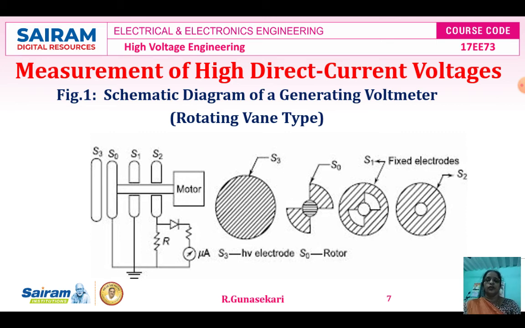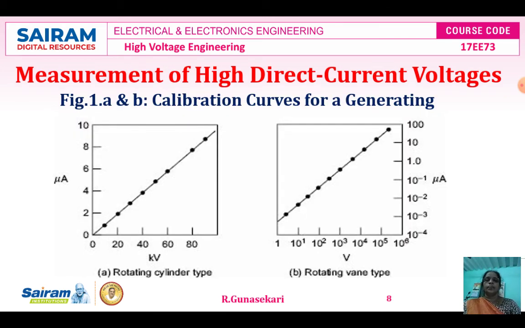S3 is the high voltage electrode, and then the synchronous motor is used to drive the generating voltmeter, and then a microammeter is used to measure the current, because the current is converted into the voltage which is measured by the generating voltmeter. R is the resistance.